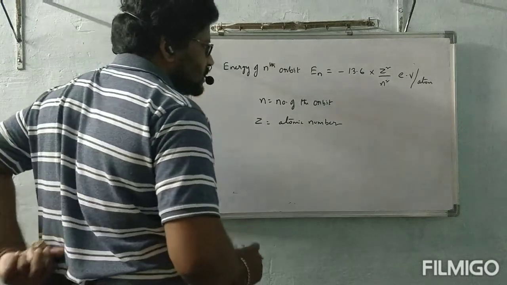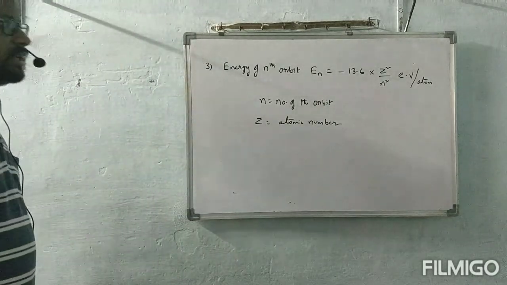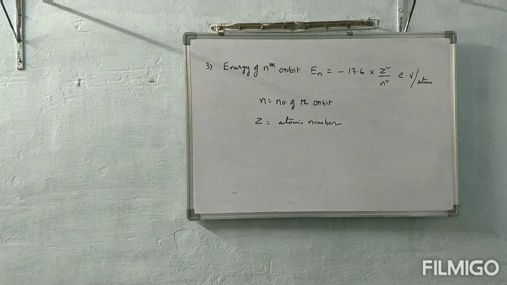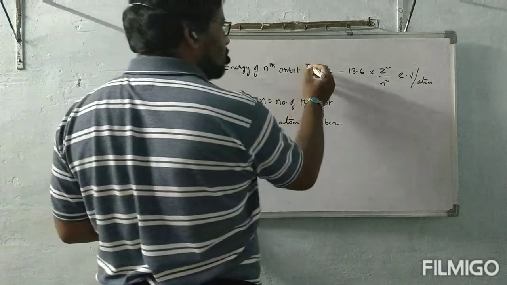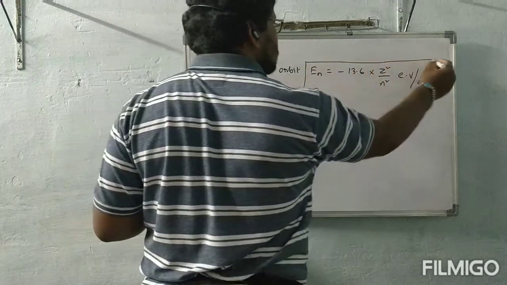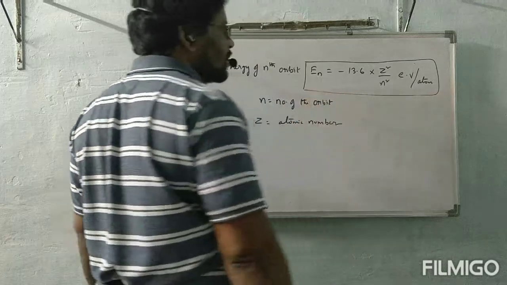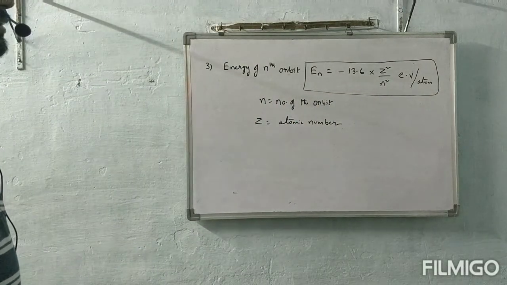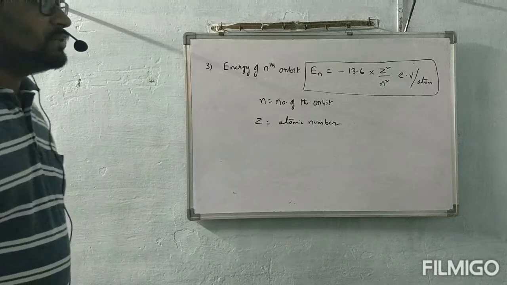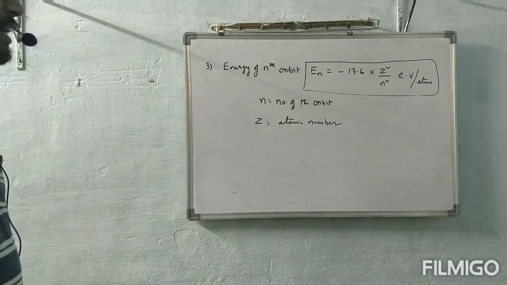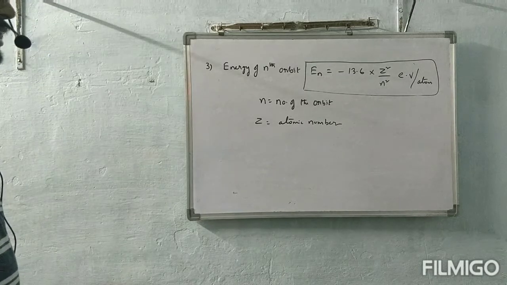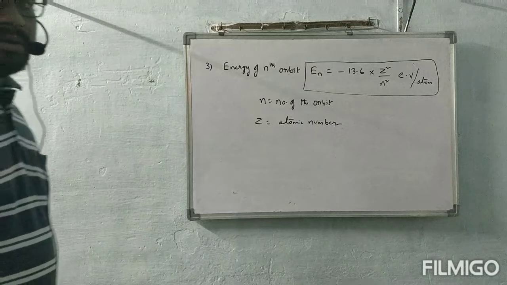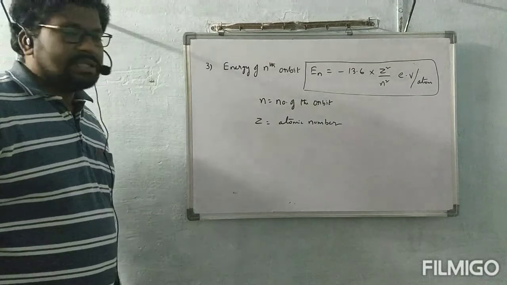This simplified formula you can keep in a box, even the Rn formula you can keep in a box. This is about the energy of the orbit.